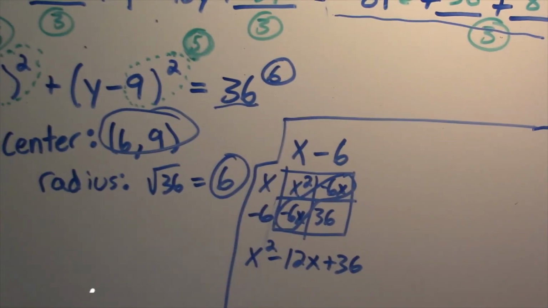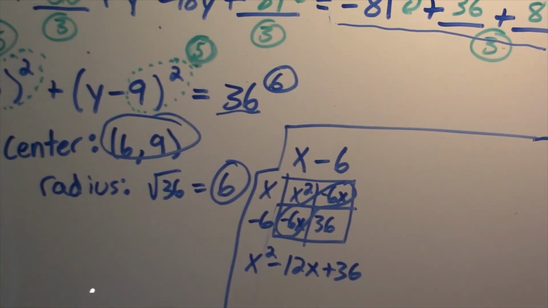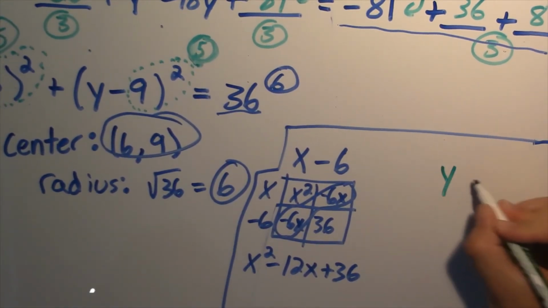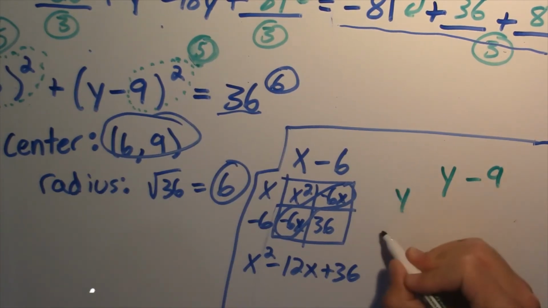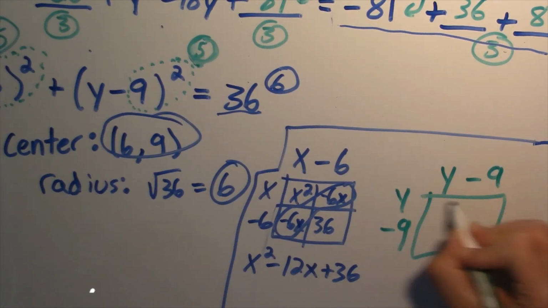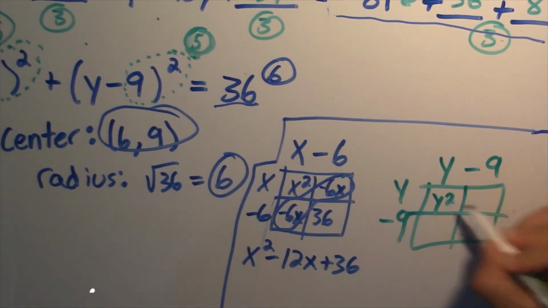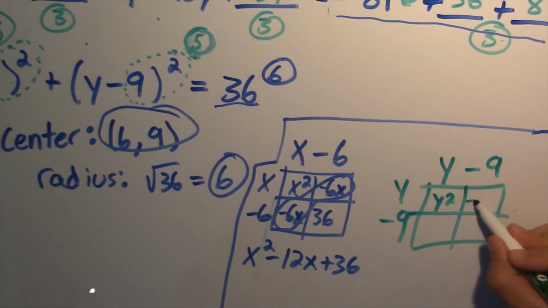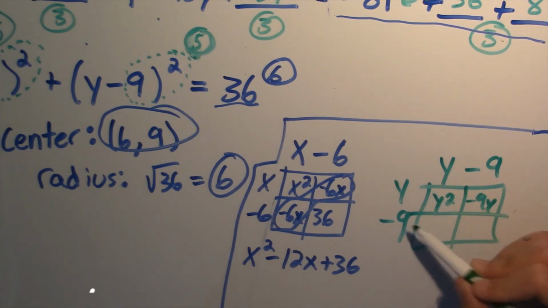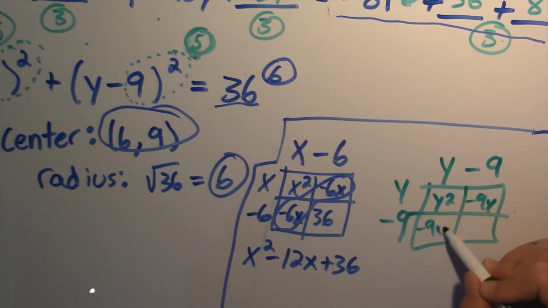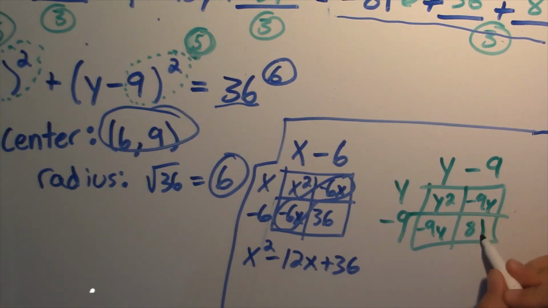And I can do the same thing for the other side as well. I'll use green this time. We had y minus 9 and y minus 9. y times y is y squared. y times negative 9 is negative 9y. y times negative 9 is negative 9y. Negative 9 times negative 9 is 81.